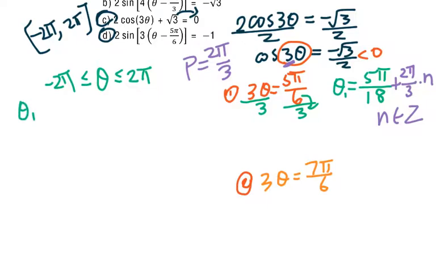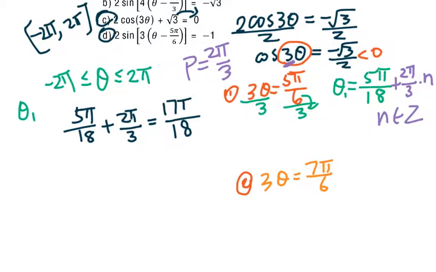Then for theta 1, I will get 5 pi over 18. I add 2 pi over 3. So you will get the denominator 18 and 17 pi. So my answer is 5 pi over 18, then my next one will be 17 pi over 18. That means basically it's adding 12.